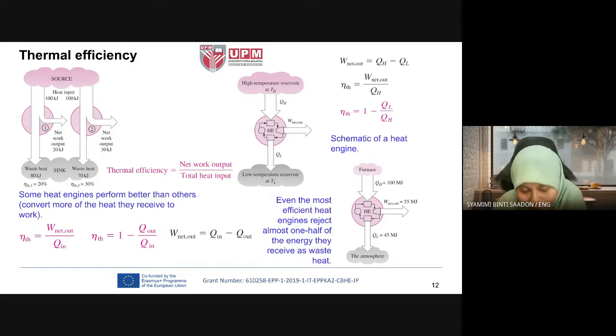Another method, which you will see in a few chapters, is that we can add a regenerator to the cycle. The basic cycle that I showed you just now has four components: pump, boiler, turbine, and condenser. That is the basic one to run a heat engine.